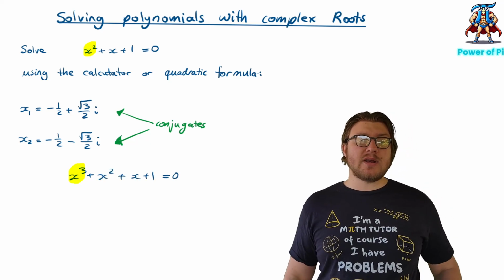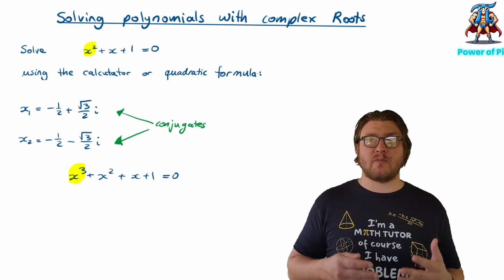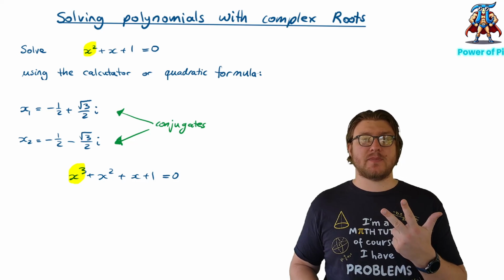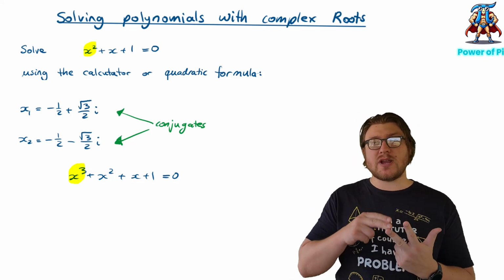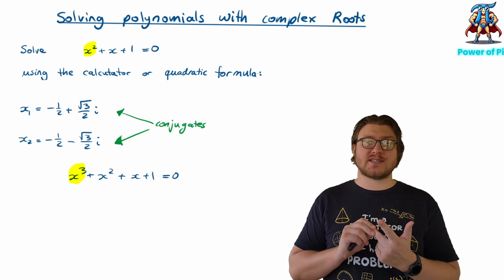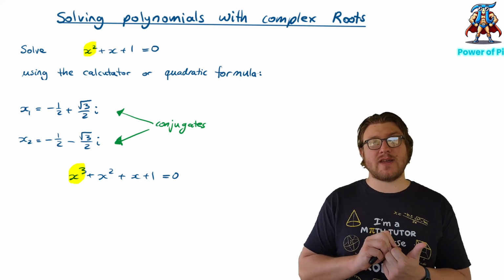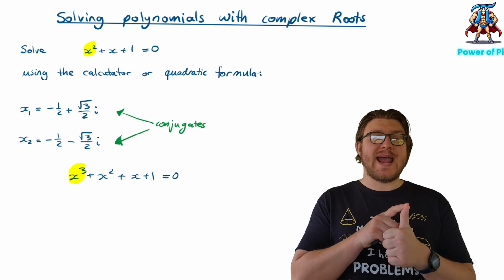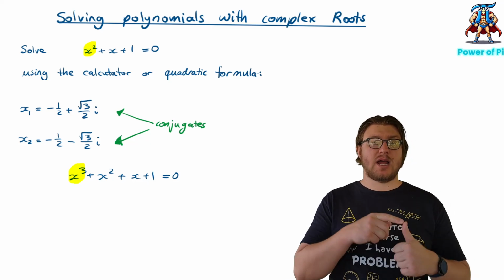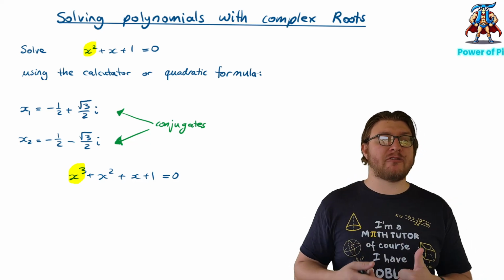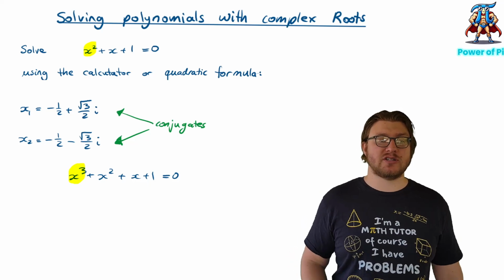So, here now we have a power of 3. We have a cubic. Now, a cubic, we're going to expect 3 roots. Now, if they're all real, then there's no problem. But if one of them is complex, we know that there's a second one that needs to be complex, leaving us with 1. This one has to be a real root. It can't be complex as well, because then we would have a fourth option, its conjugate.